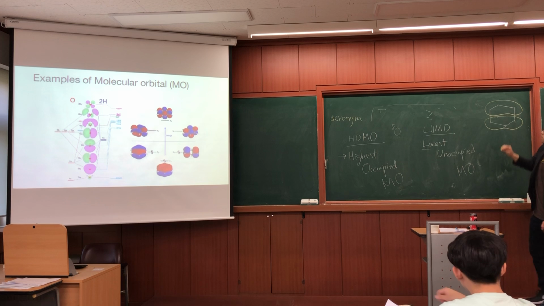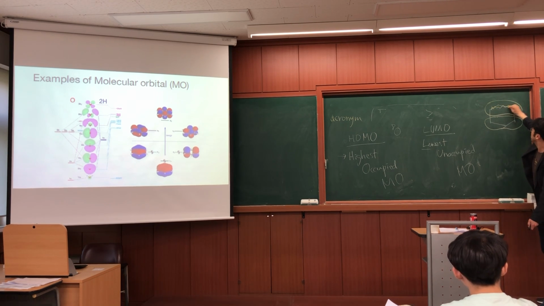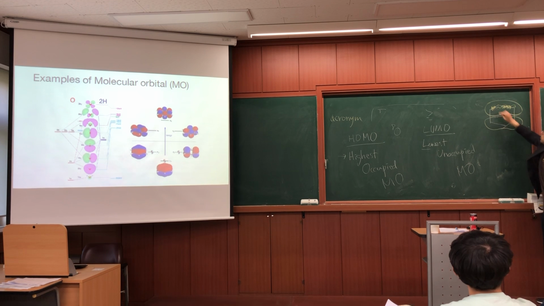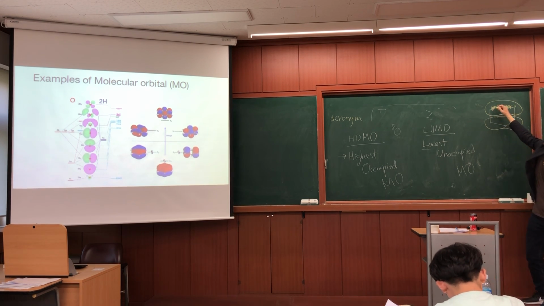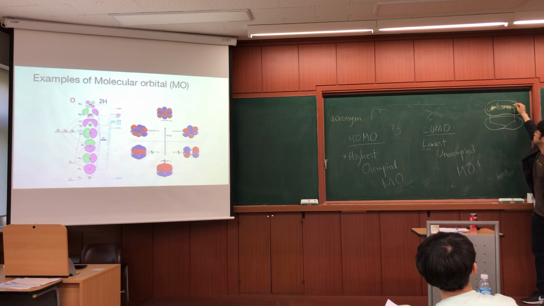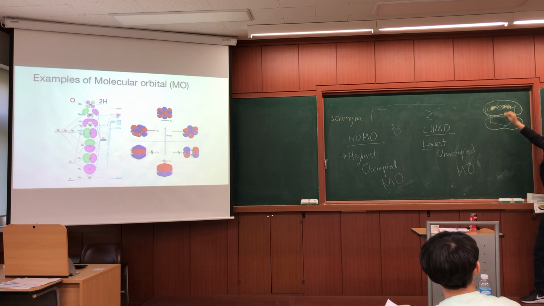This means that electrons are playing around here. It means that electrons prefer to be playing around between this carbon and carbon, right? This electron cloud, this orbital, helps these carbons bond together, right?